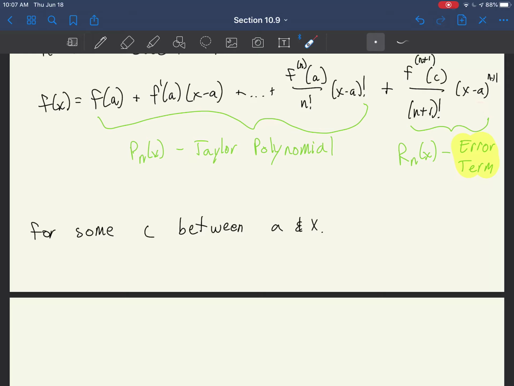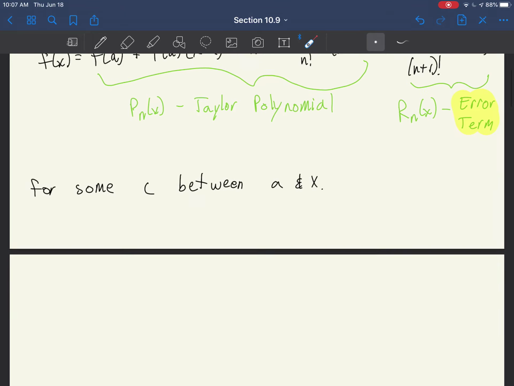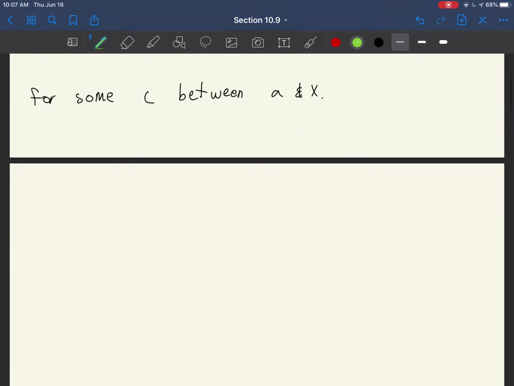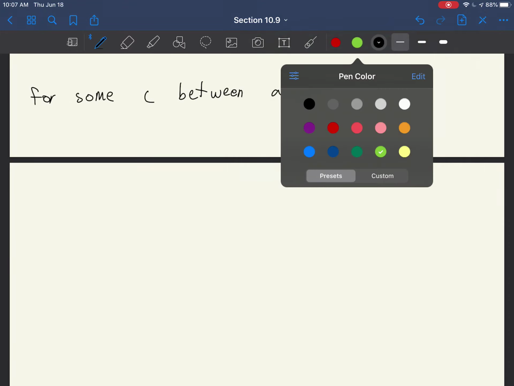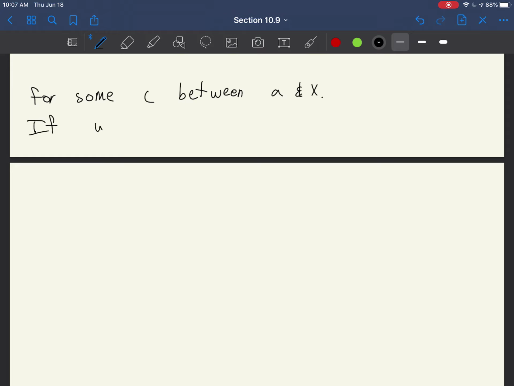And this is actually really great because if we can show that this error term goes to 0 as n goes to infinity, then we can say that the Taylor series of f of x converges to f of x on I.